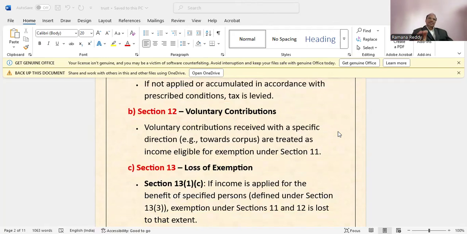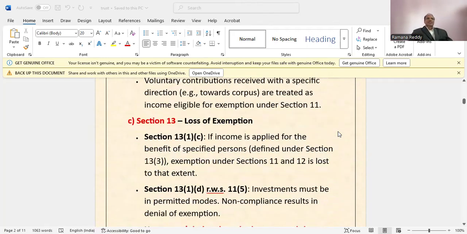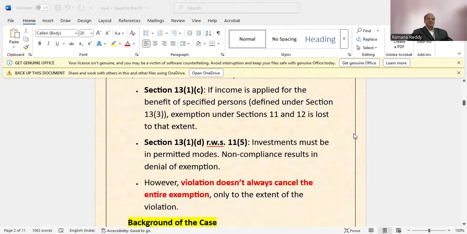Now we'll discuss Section 13, that is loss of exemption. Section 13(1)(c): if income is applied for the benefit of specified persons defined under Section 13(3), exemption under Sections 11 and 12 is lost to that extent.